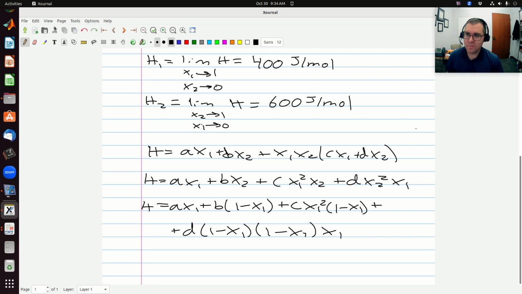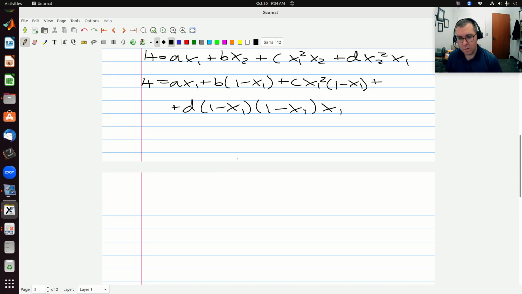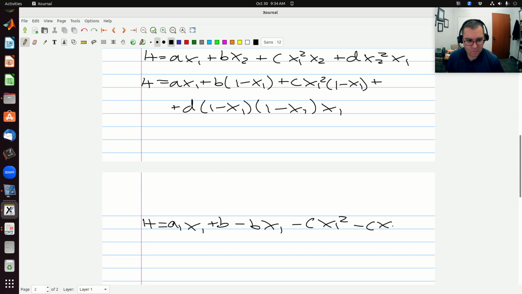And so we're just going to expand again. So then h is equal to a x1 plus b minus b x1 plus c x1 squared minus c x1 cubed plus, on the next line, oh boy, help me here.